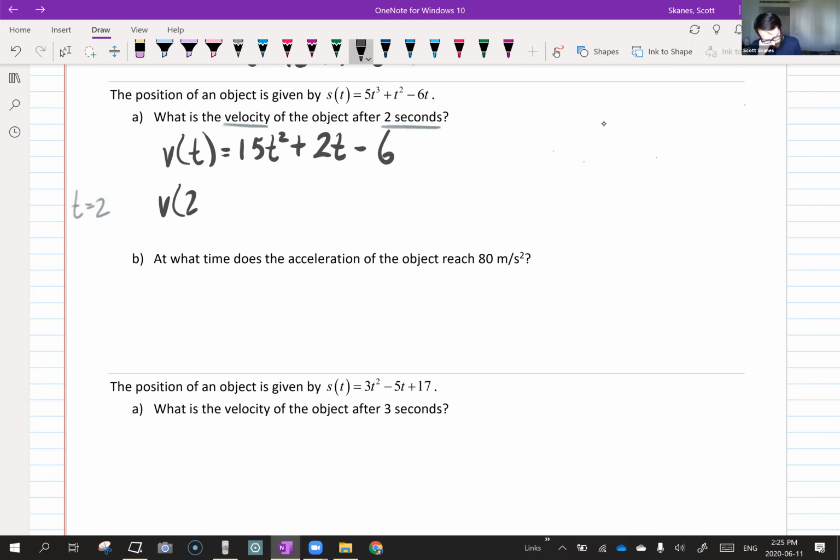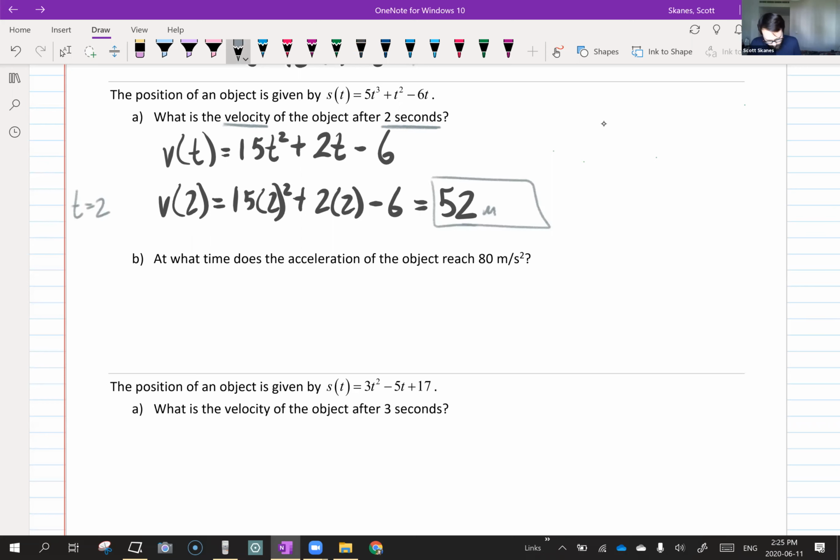So what's the velocity when time is 2? You just need to put this in. If you work this out on your calculator, it's 52. I like to write in that it's meters per second because it is, but you don't need the meters per second. And as a side note here, velocity is the first derivative.